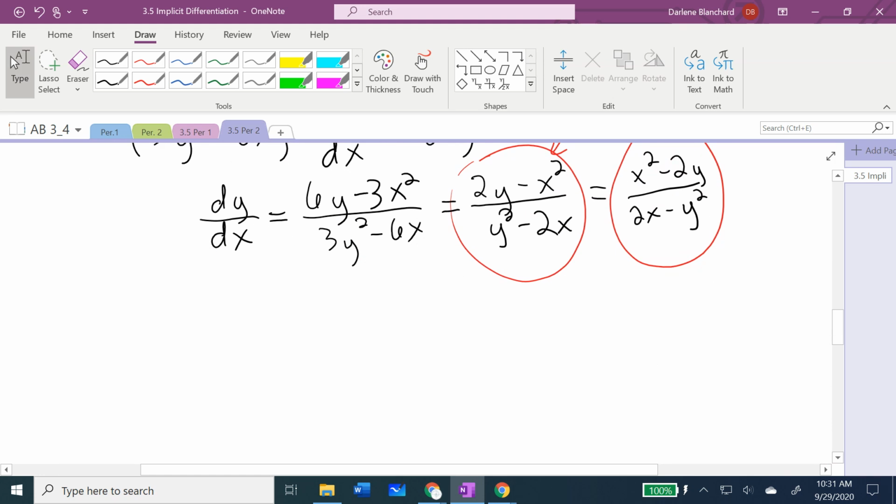That means that I'm going to need to determine what is the slope at the point (3, 3). And then just take either equation to plug in. Excuse me. And what do I get when I plug in the (3, 3)?